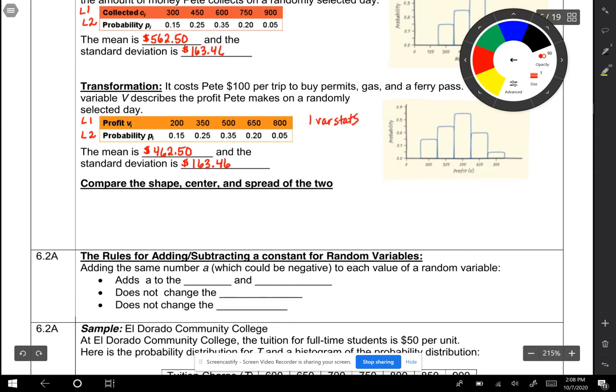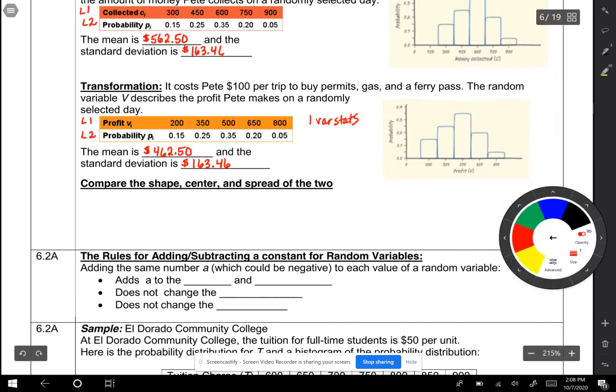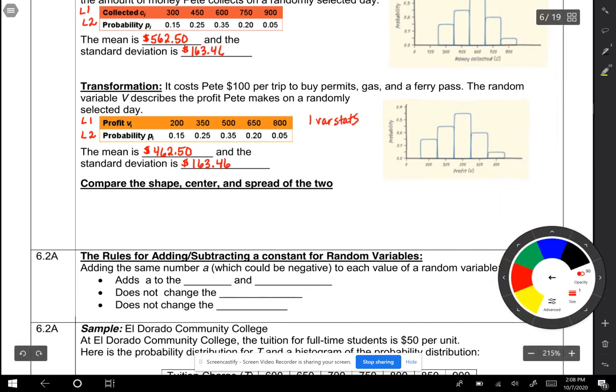$163.46. And now we're going to compare the shape, center, and spread of the two distributions, the original one and the transformed one. Notice the shapes are the same.